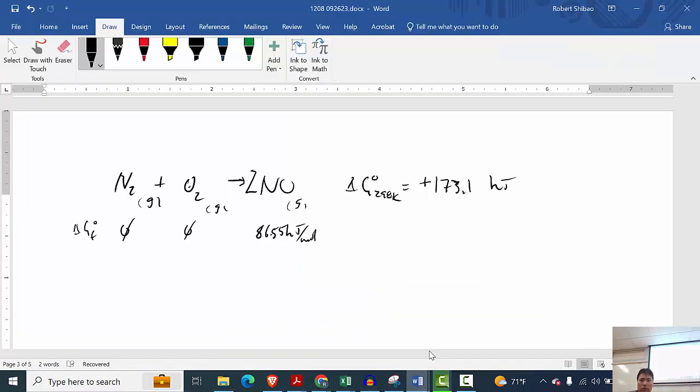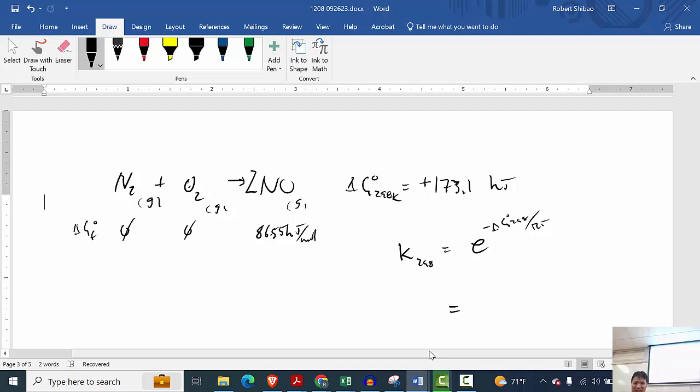All right, so what we're going to do is figure out what K is. So I know it's going to be quite small. And so for K, we could just use this. K at 298 under standard conditions is going to equal E to the minus delta G under standard conditions at 298 divided by RT. And so we'll go ahead and plug this in.